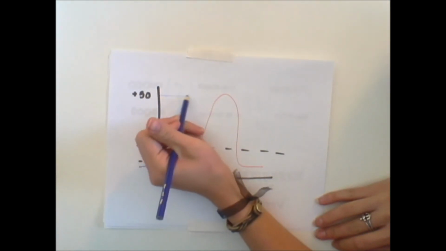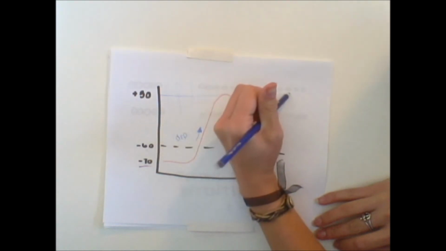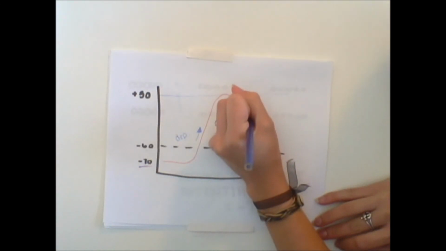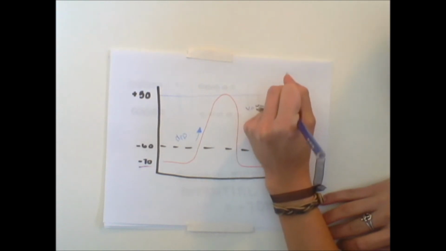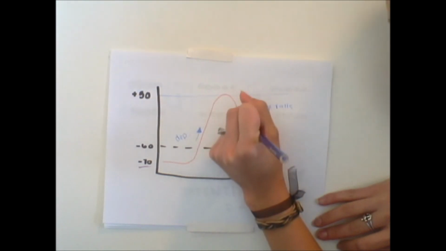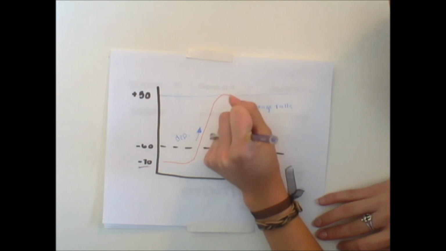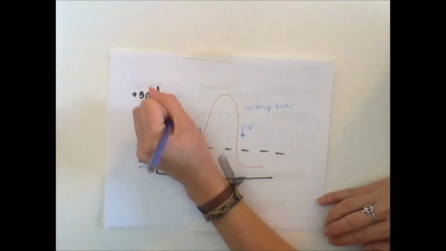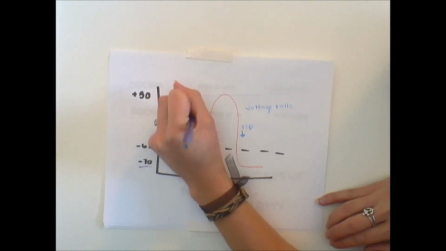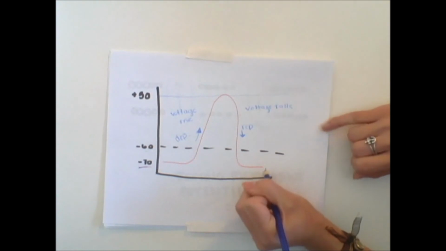Once the sodium channels roughly reach 30 millivolts, they're going to close and the voltage-gated potassium channels are going to open. The 30 millivolts is going to be called our threshold. Once the channels are opening, the potassium is going to go out of the cell, which is going to cause a depolarization. This is going to happen until we reach our axon terminals.